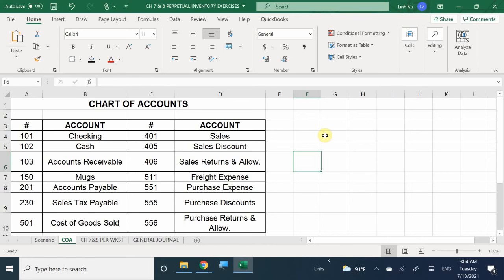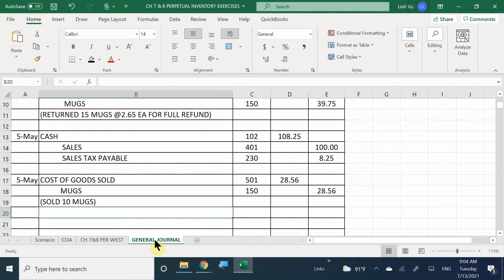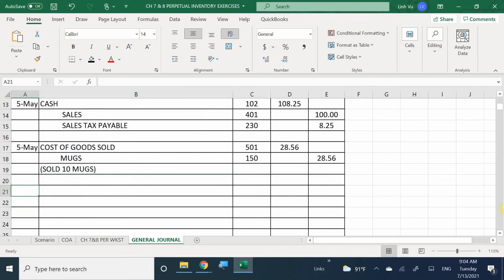What accounts should I be using? Accounts receivable. What else? Account 103, sales tax payable. Excellent. Let's go to my journal to lay down the foundation. It is now May 6th.